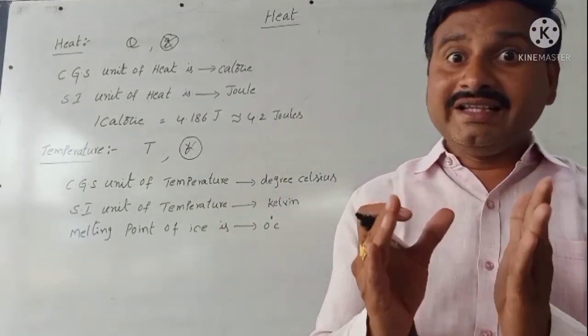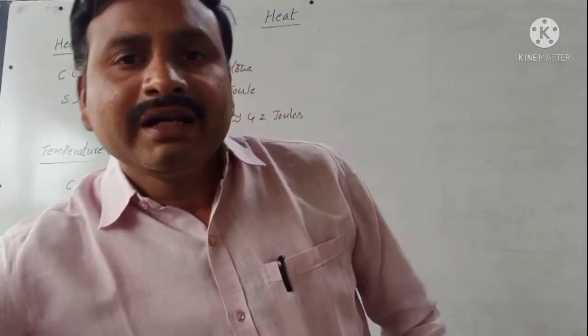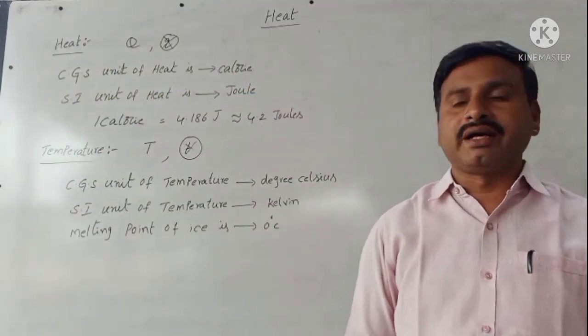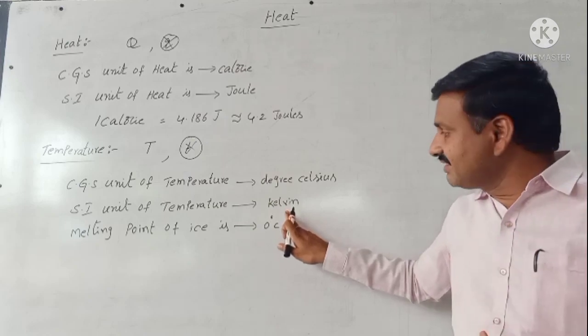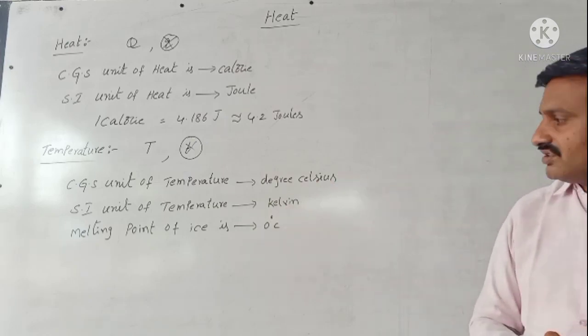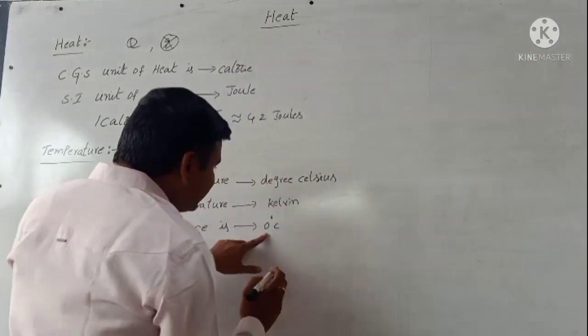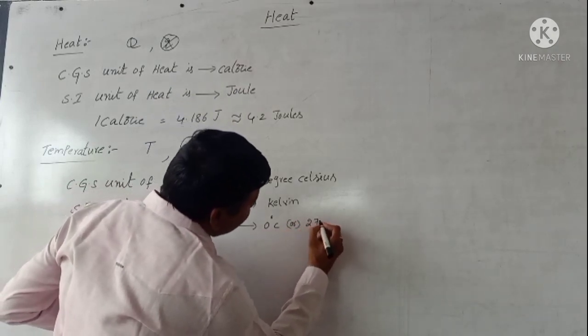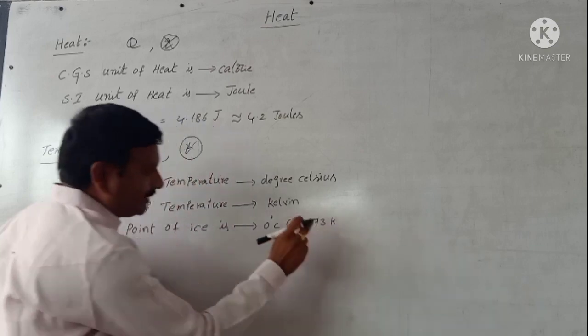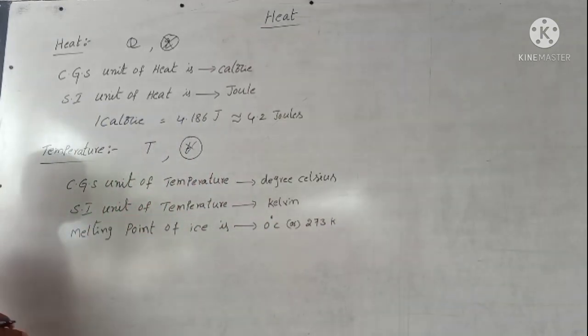What is absolute temperature? Temperature measured on the Kelvin scale is called absolute temperature. So 0 degrees Celsius is equal to 273 Kelvin. It is the melting point of ice.